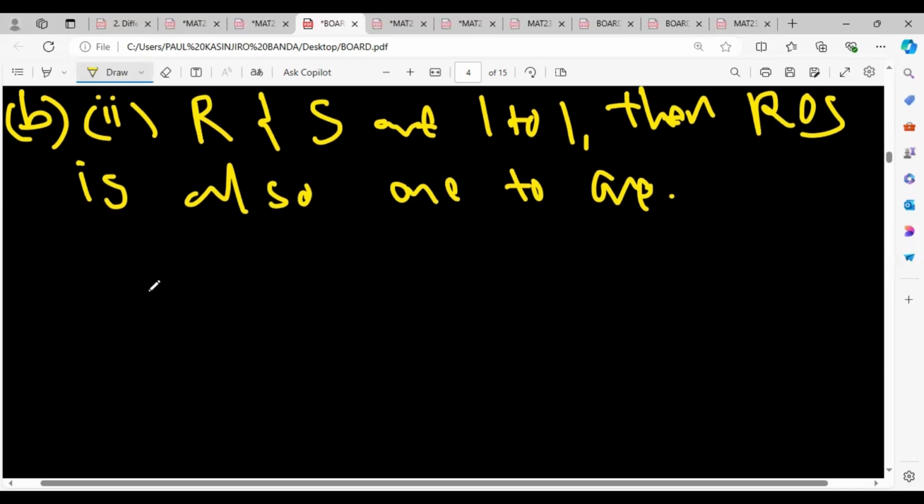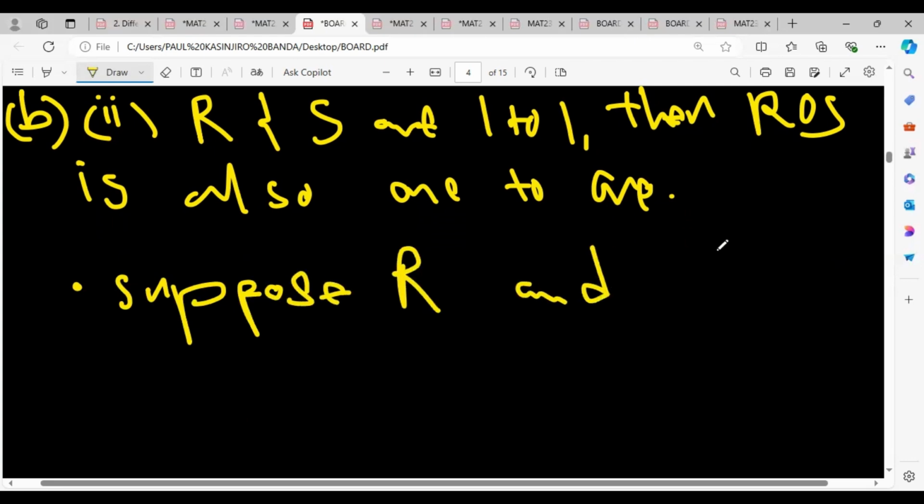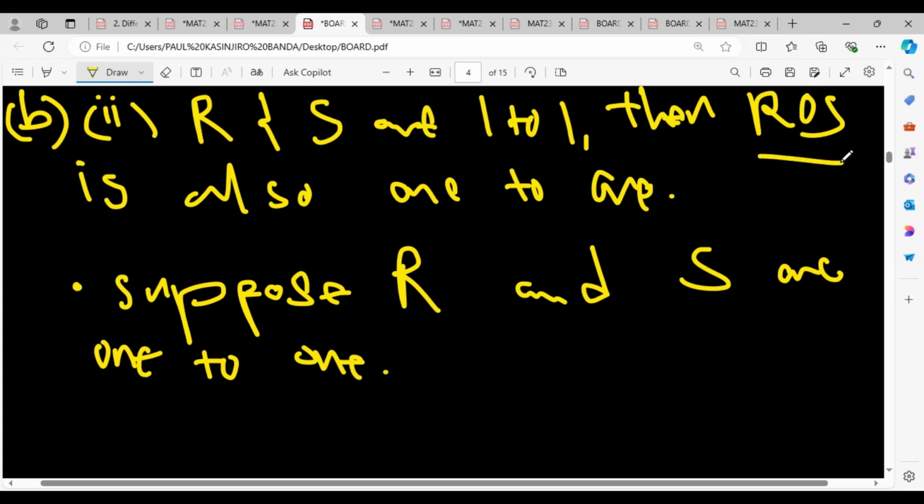So we'll start the proof, always by claiming. We can say suppose that my R and my S are one-to-one. So that will be your claim there. Then you can let the first coordinates be a part of this composition here, and our main focus will just be to prove that the second coordinates are actually equal to each other.